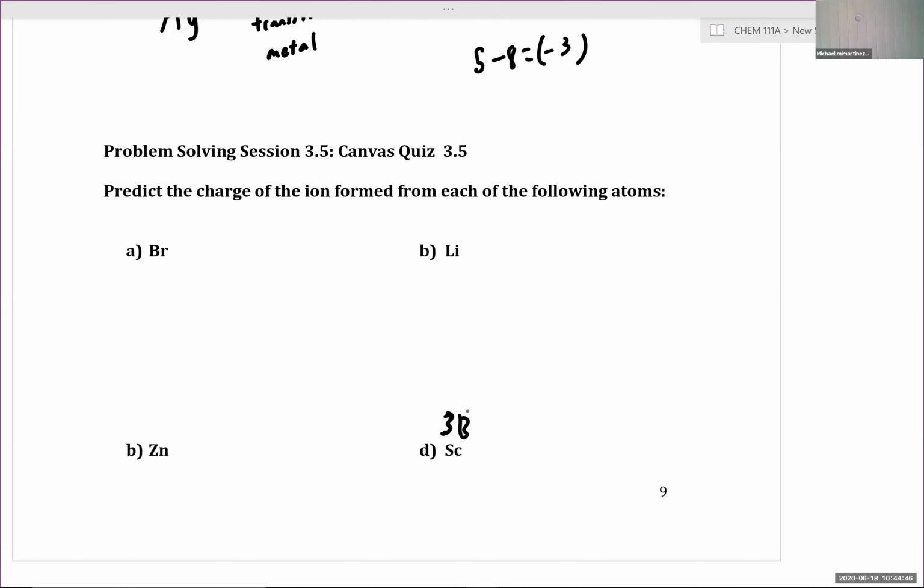Yep, the scandium 3+ looks reasonable based on the group number 3B as a tentative tool for assigning the charge. And we'll discuss in about another 30 seconds to a minute. Let's try to get a few more responses in the chat and via Canvas.